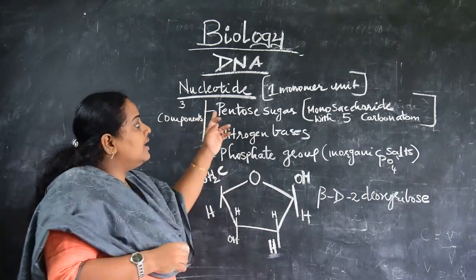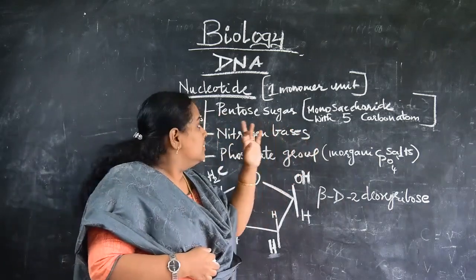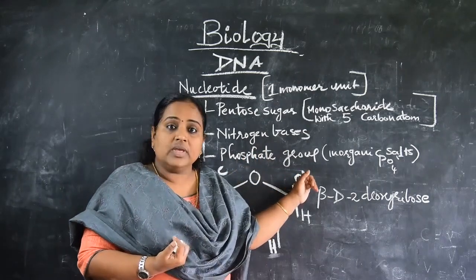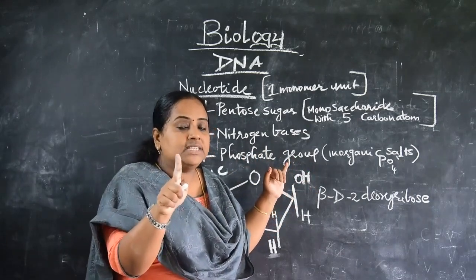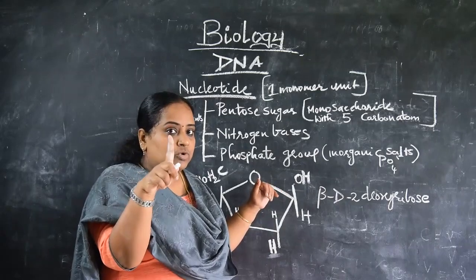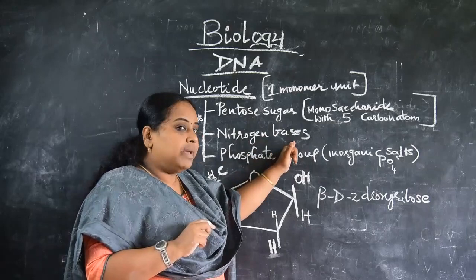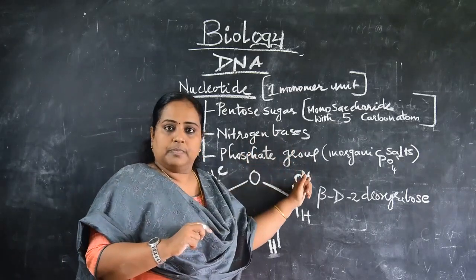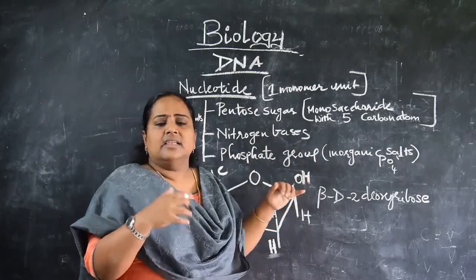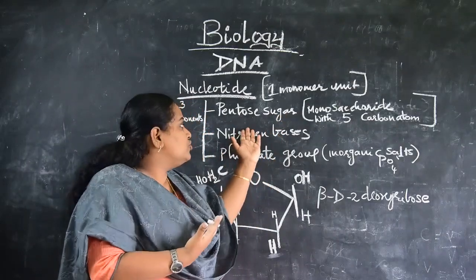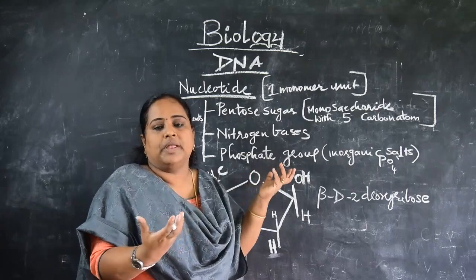It is the pentose sugar, the nitrogen bases and the phosphate group. So one monomer unit is made up of pentose sugar, nitrogen bases and phosphate group. We will see in detail about these structures.